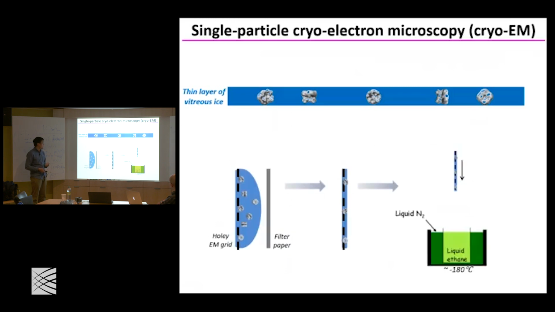The way to prepare this is to put a small drop of protein on the surface of a holey EM grid, and you blot most of the sample away with filter paper. Then what's left on the grid is a very thin layer of liquid film. This can be plunge-frozen into liquid ethane cooled by liquid nitrogen, at cryo temperature.